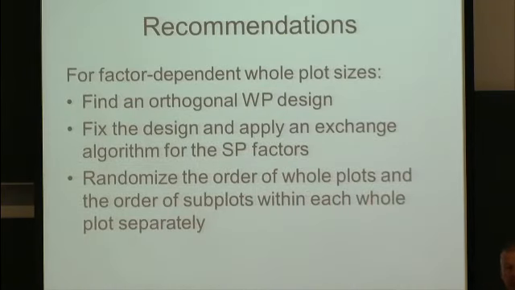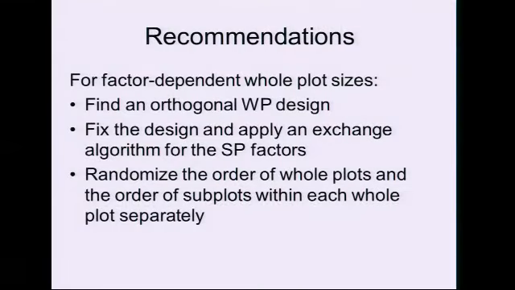I move to some recommendations I can make. Suppose you have to do with factor-dependent whole plot sizes. Now, probably the best thing to do is to start with a fixed orthogonal whole plot design.